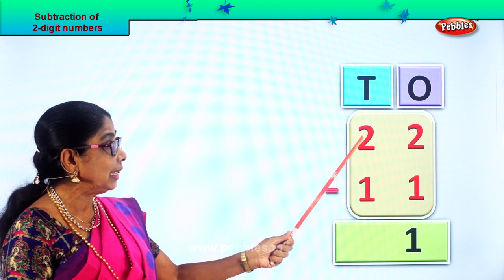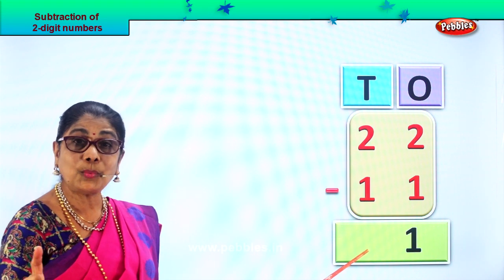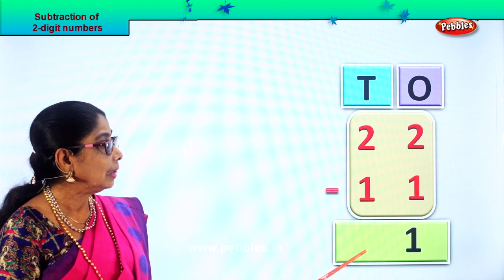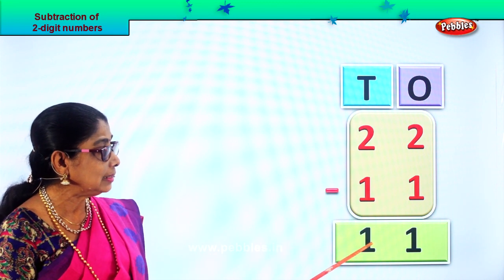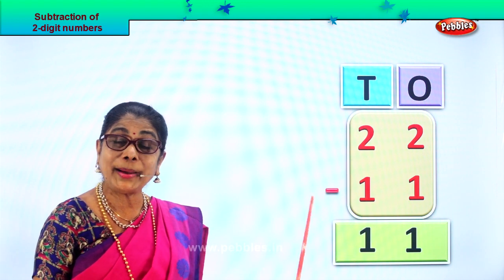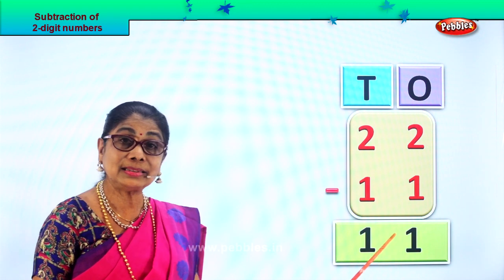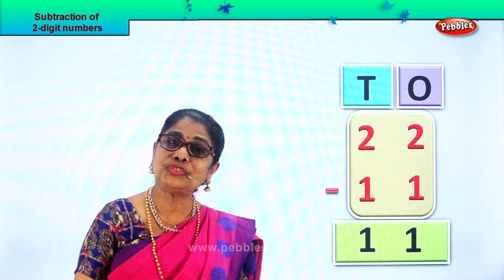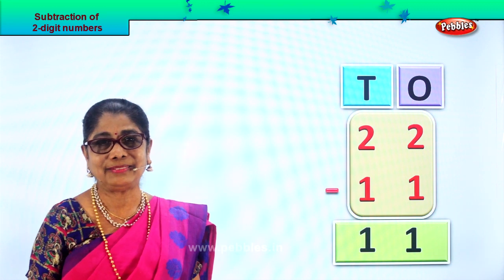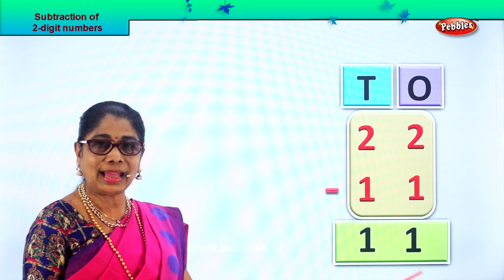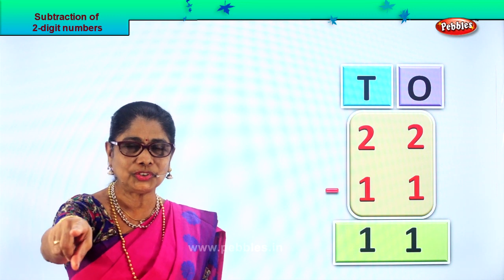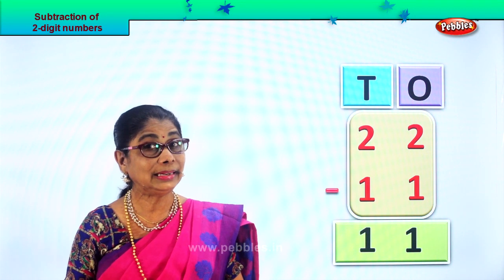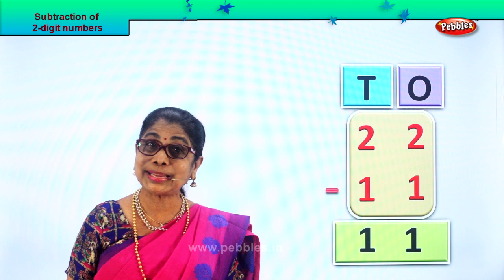So you put 2 tens take away 1 ten. Answer 1. 22 minus 11 gives you the answer 11: 1 ten and 1 one. Did you enjoy, children? Let's get on with a new sum.